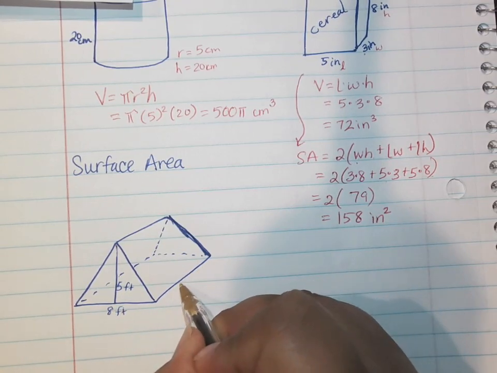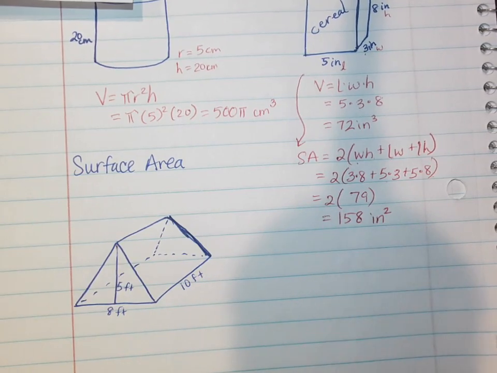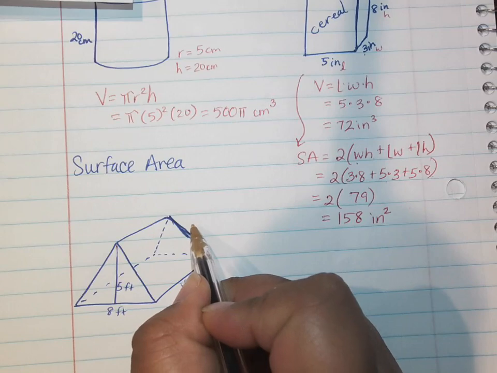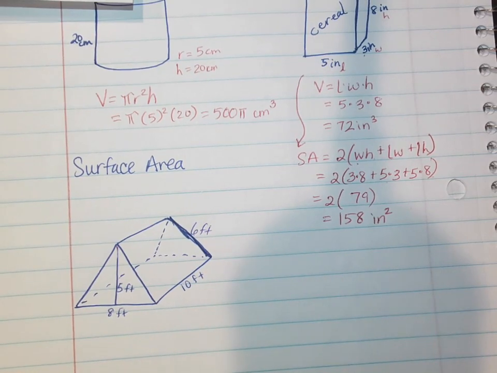Let's say it's 10 feet long. And this measurement here will make it 6 feet. So we're trying to see how much of the material we would need to make that tent.